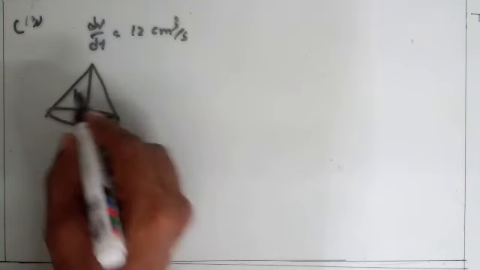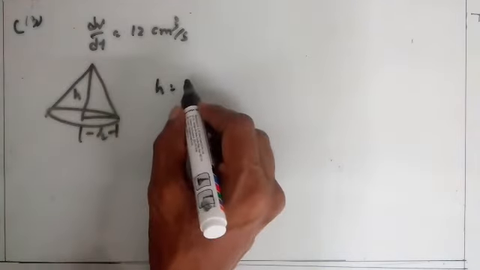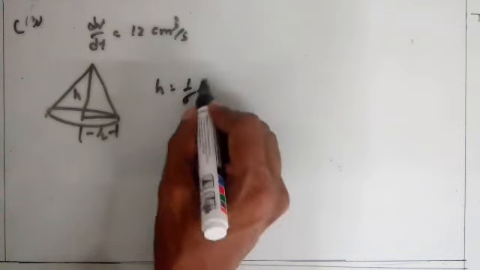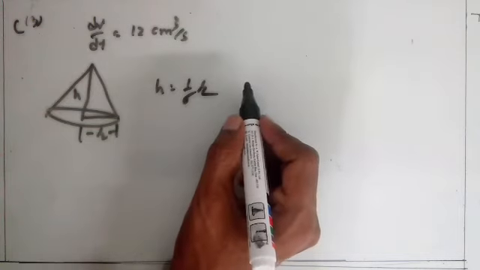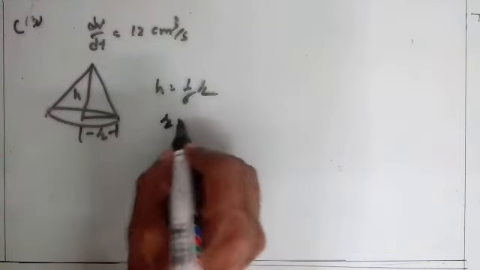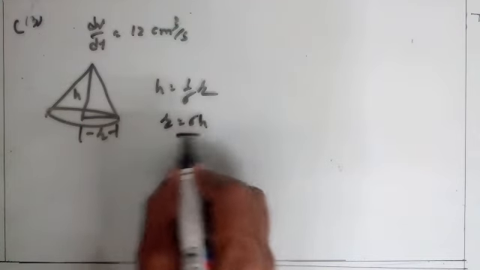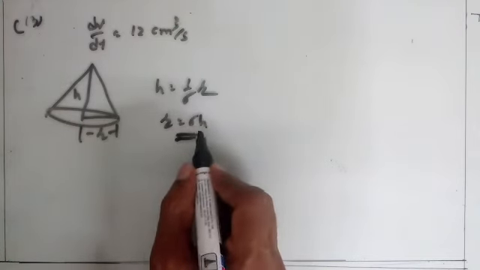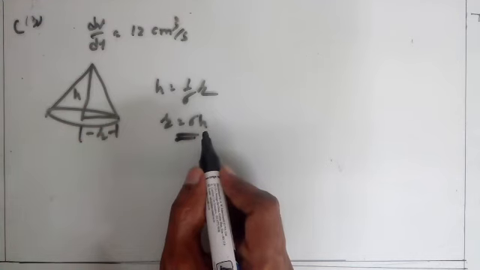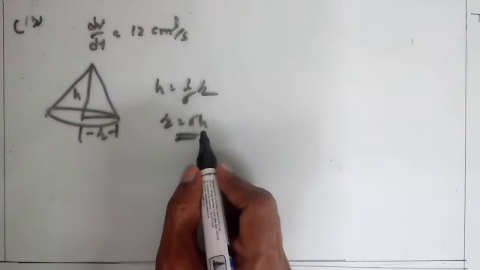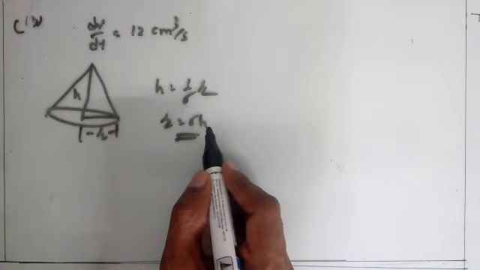Remember this, the height of the cone always remains 1/6 of the radius. So r is equal to 6h. Why do we change r into h form? Remember this. How fast is the height of the sand cone increasing when the height is 4 cm? Here we want to get dh/dt.